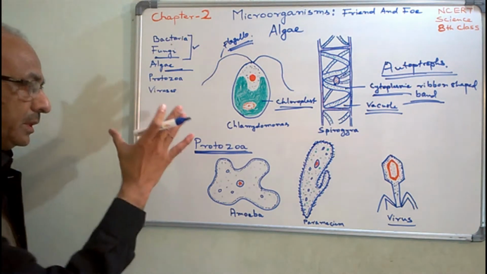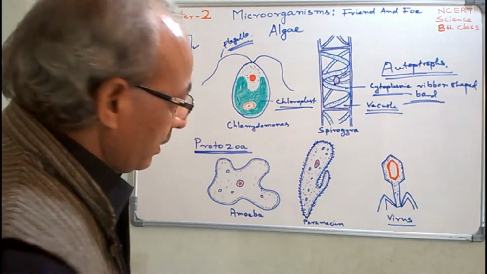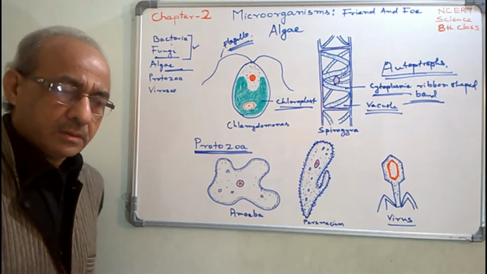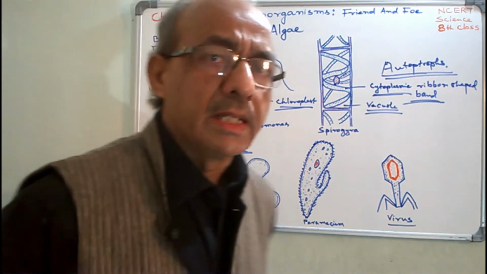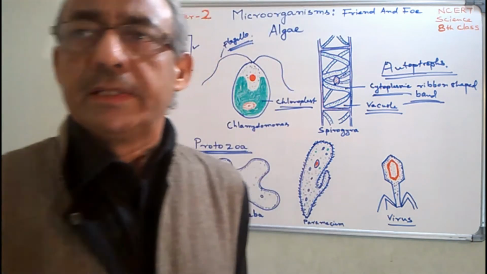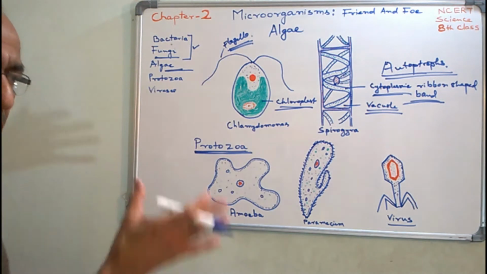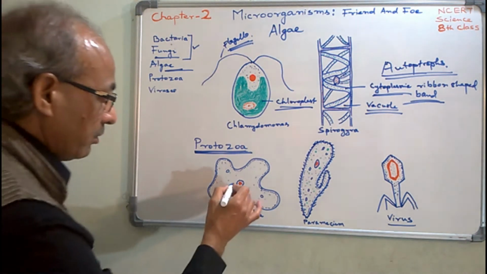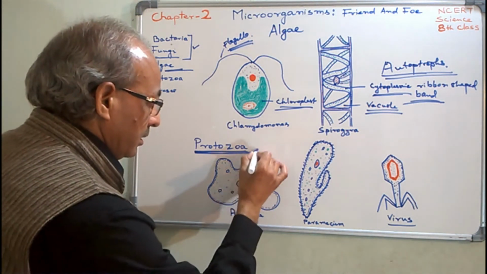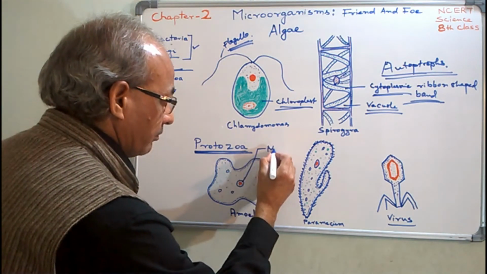But in protozoa, there are membrane-bound cell organelles as well as a distinct and well-defined nucleus in their one-cell body. This is the nucleus, a well-defined nucleus.